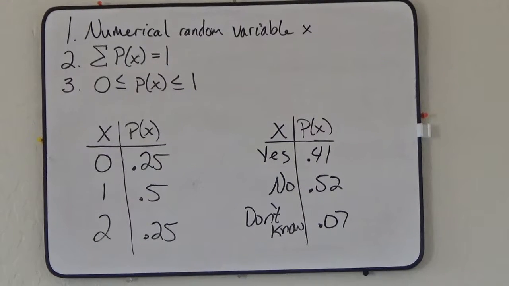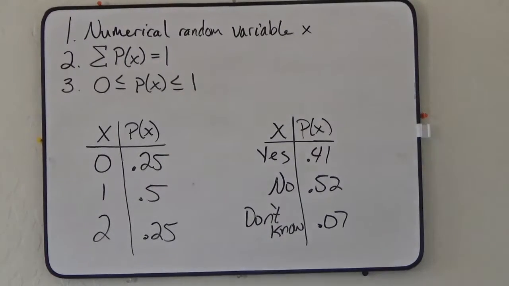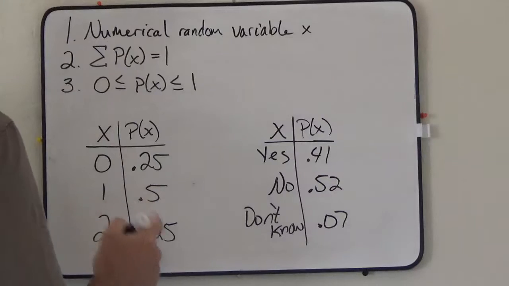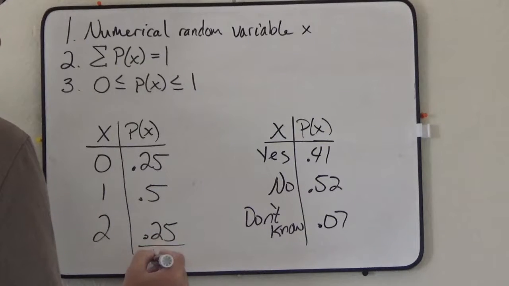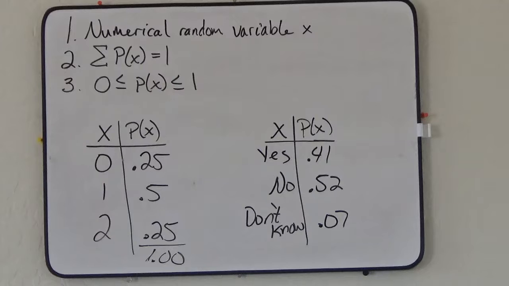The second one, the sum of all the probabilities has to equal 1. If I add up 0.25 plus 0.5 plus 0.25, I get 1. And usually we just write it as 1.00. So that fits that rule. The probabilities add up to be 1.